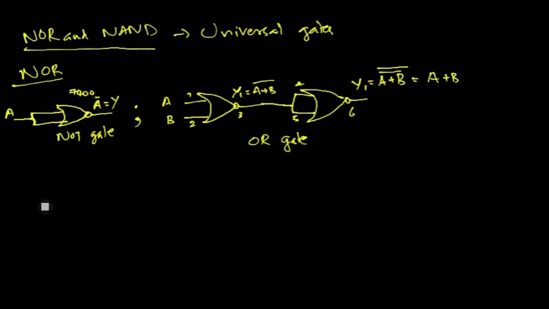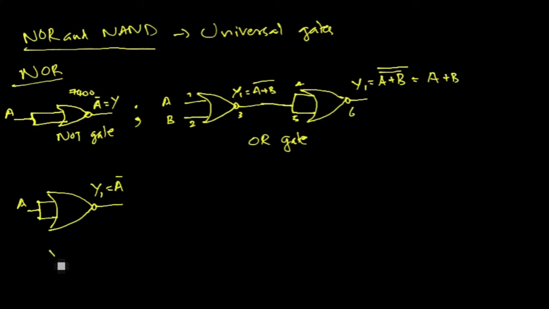Now consider another thing. For a NOR gate whose two inputs are shorted here and given as A, then Y1 will be A complement.